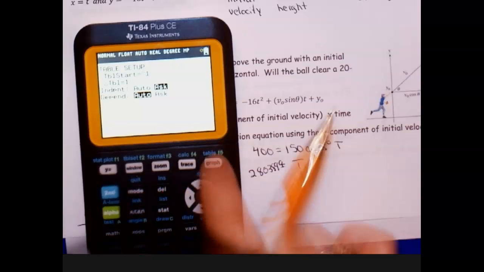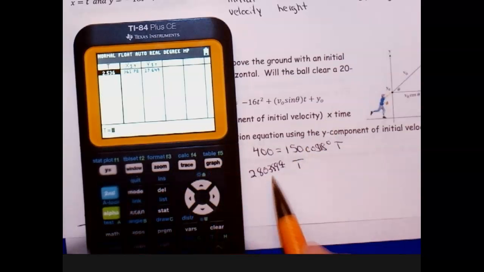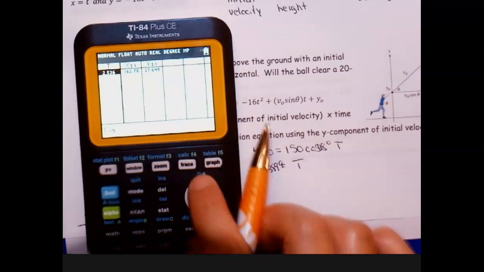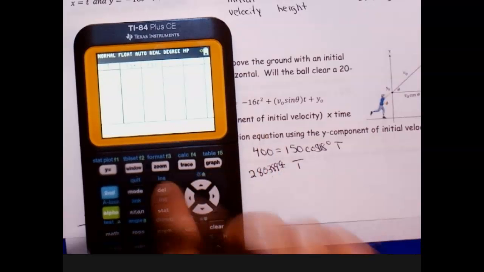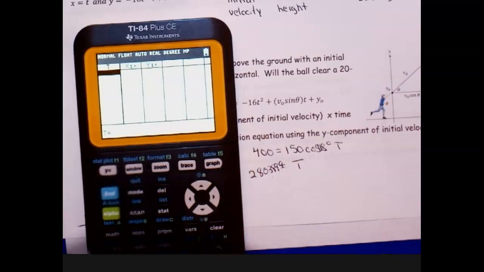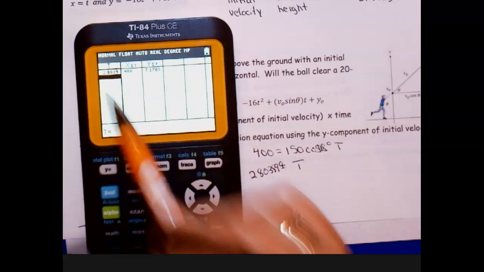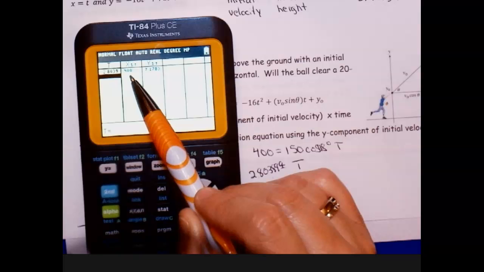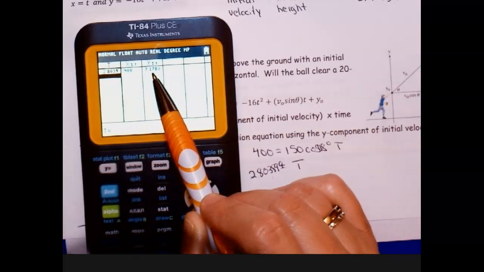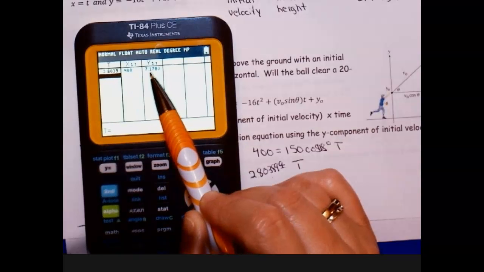It's on ask. And I'm going to type in what that value was right there. Now remember, I can either type it in or I've got that stored in my answer. So I'm going to hit second answer. It pulls up that time and it tells me at that time I'm 400 feet out, but I'm only 7 feet above the ground, which is roughly what we got when we looked at our graph.